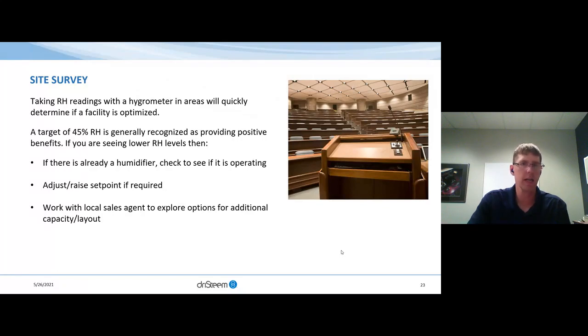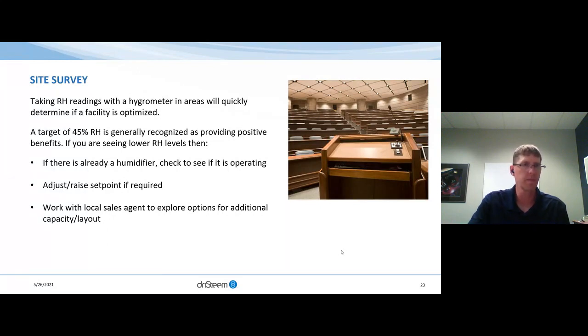If it's trying to hit a target of that 40 to 60%, let's just use 45%. It may be looking at whether, if there's already a humidification system, it is large enough to meet that need. Maybe it's adding an additional humidifier, or increasing the size of it, or changing the set point, so that on the really cold day where I'm bringing in cold, dry air I can't meet the relative humidity I'm trying to hit, but on milder days I can.